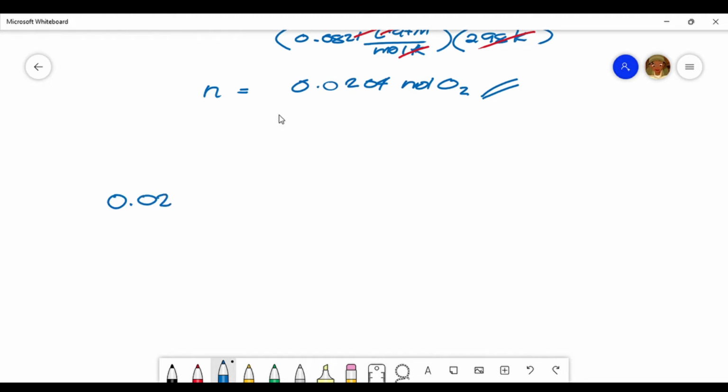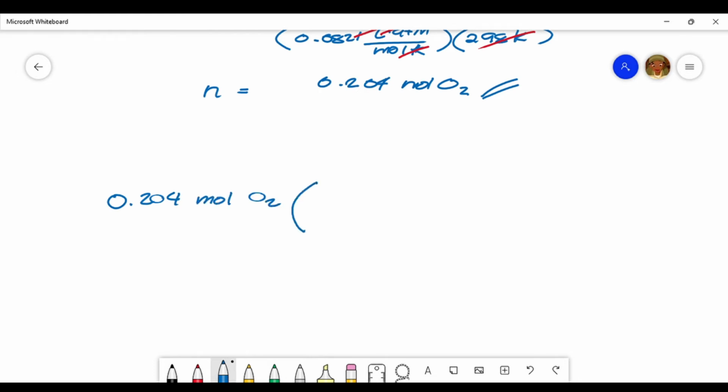We have 0.0204. No, this is not correct. This is actually 0.204 mole of O2.